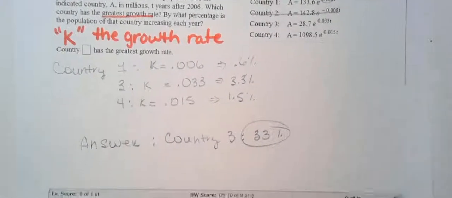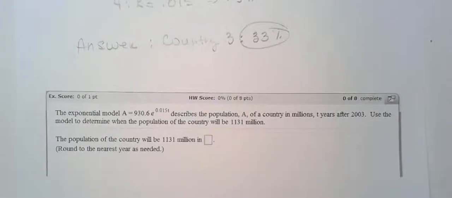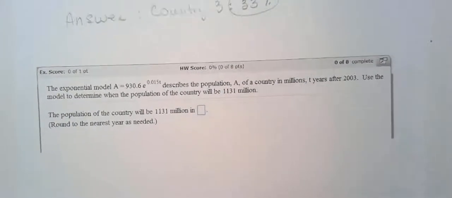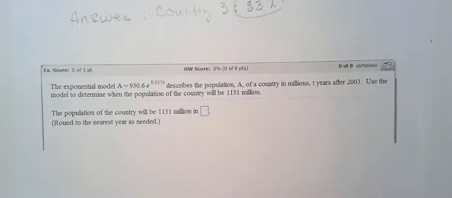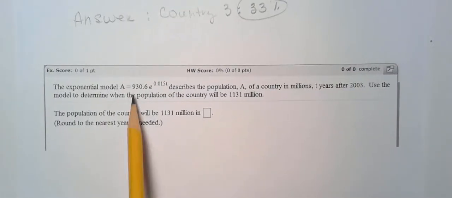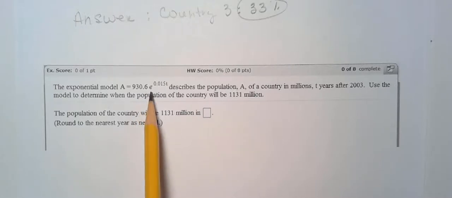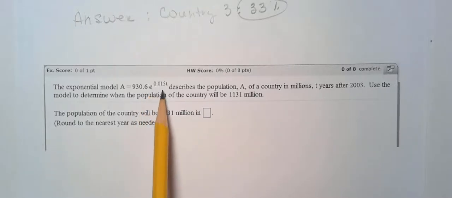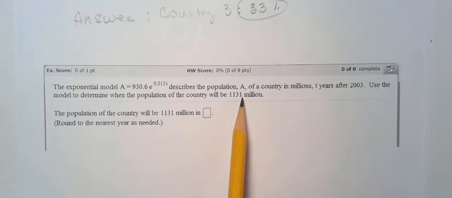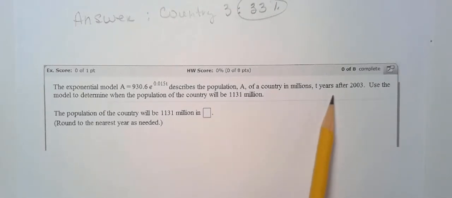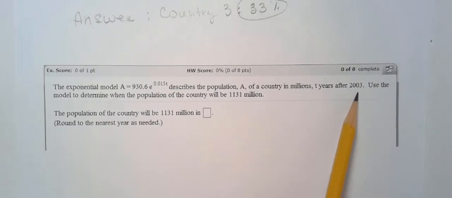Now let's look at the next example, where it says the exponential model A equals 930.6 times e to the 0.015t describes the population A of a country in millions t years after 2003.